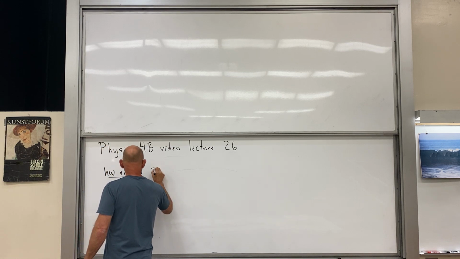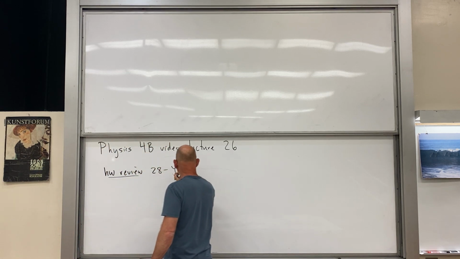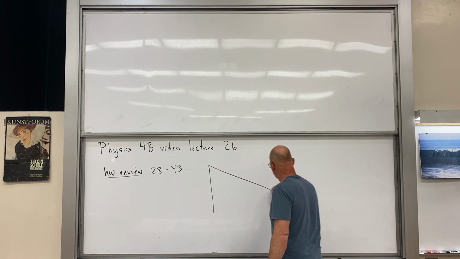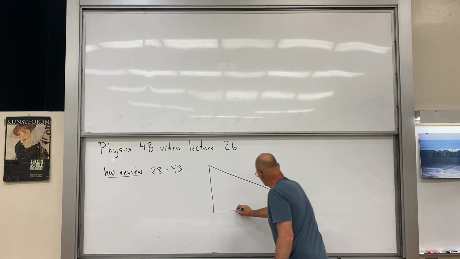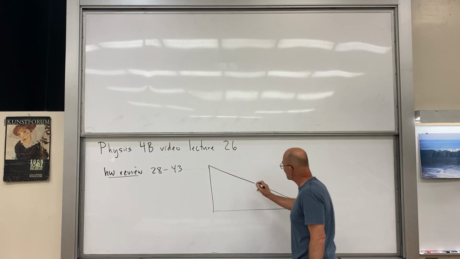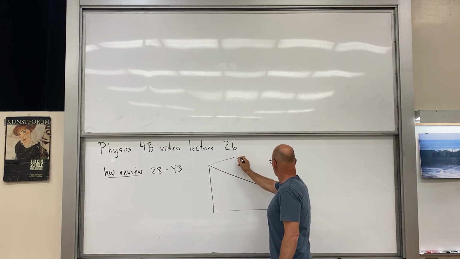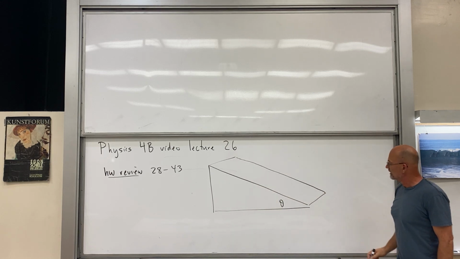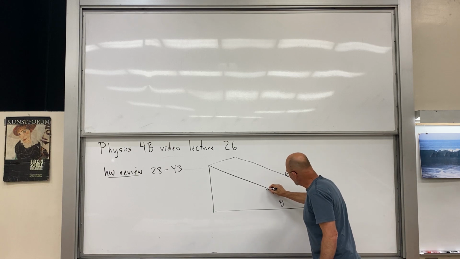Homework review. 28.43. The scenario is that we have this ramp, opening angle theta, and I'll try to do some perspective here. And there's the bar sliding down it.